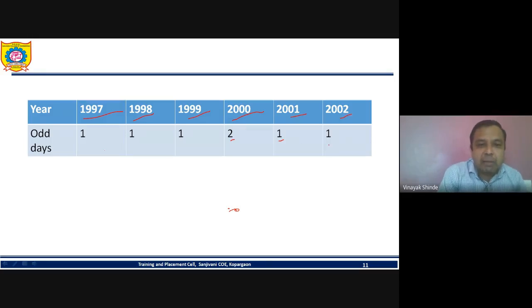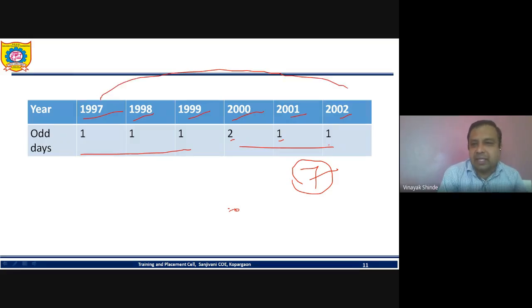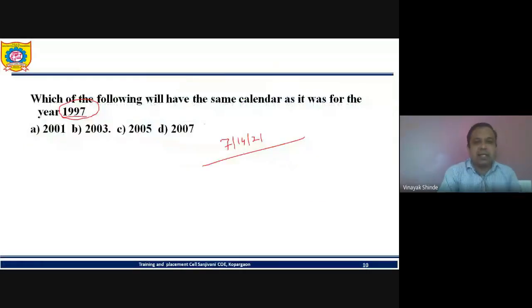So if I add these numbers, 3 plus 4, it is 7. Now you need to stop, and the next year, 2003, will have the same calendar year. I mean, 1997 and 2003 will have the same calendar. Option number B is right.